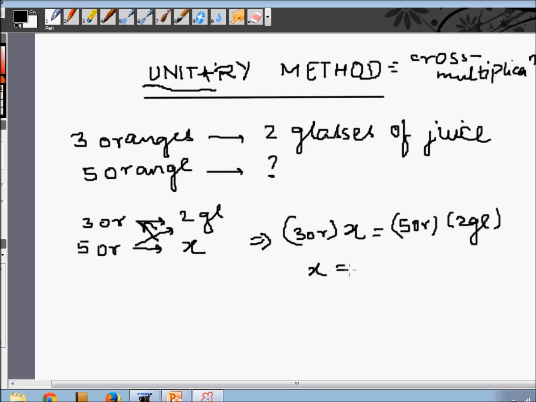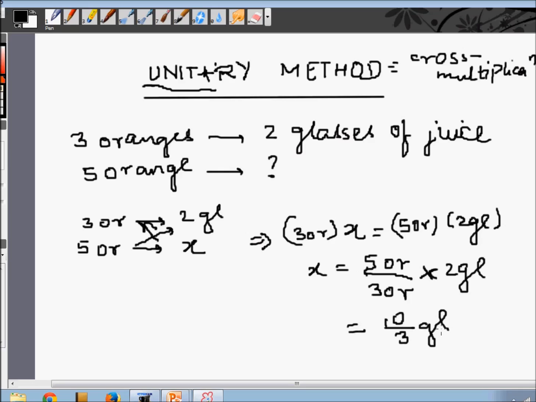So x is equal to 5 orange divided by 3 orange multiplied by 2 glass. So x is equal to 10 by 3 glass. So 5 oranges can give me 10 by 3 glasses of juice, that is 3.333 glasses.